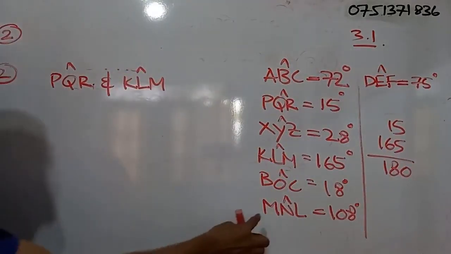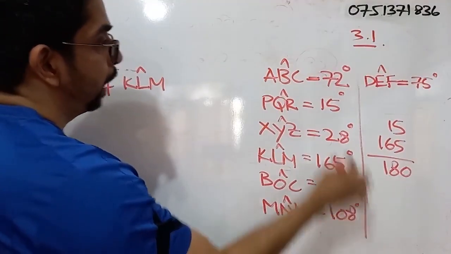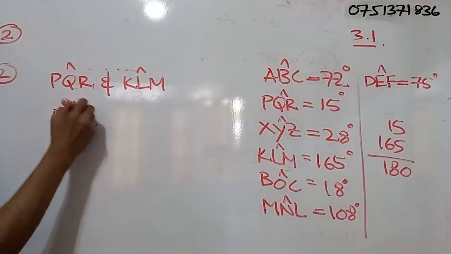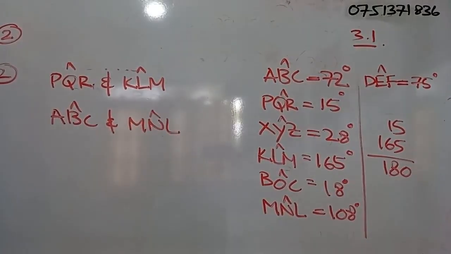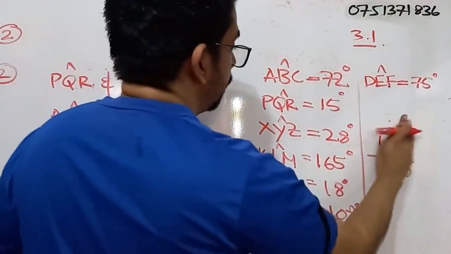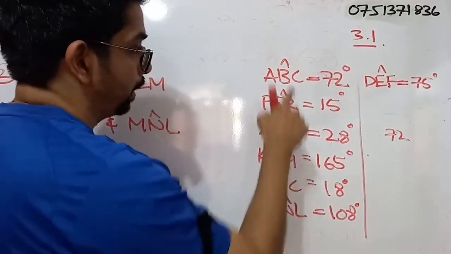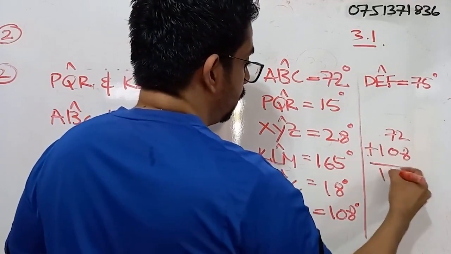Another one. So MNL, we have 108 there, and ABC. If we take ABC angle, that is 72, the magnitude, and MNL angle is 108. So if we add these together, we get what?